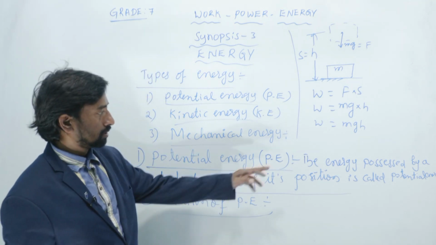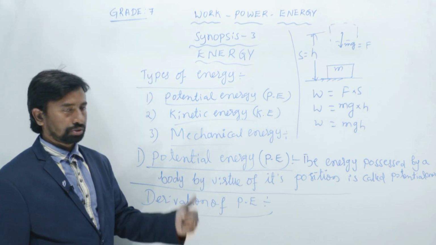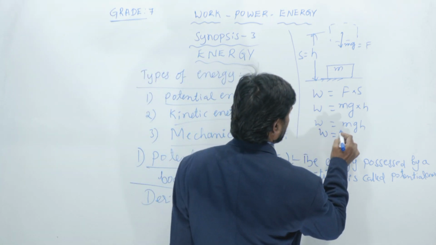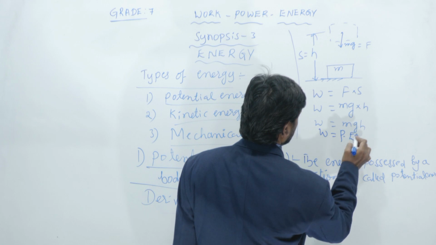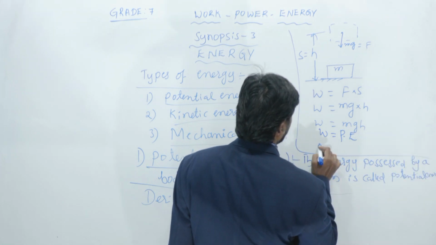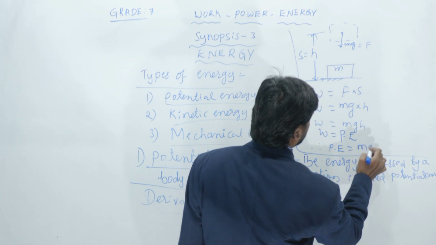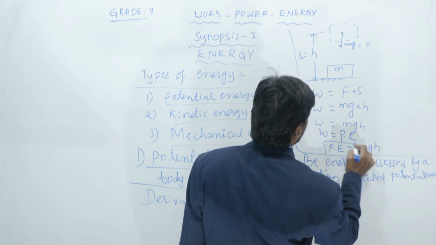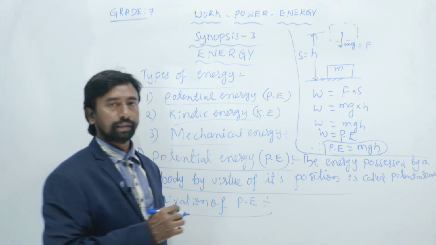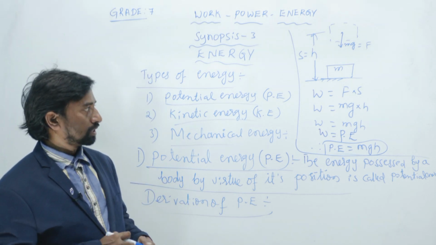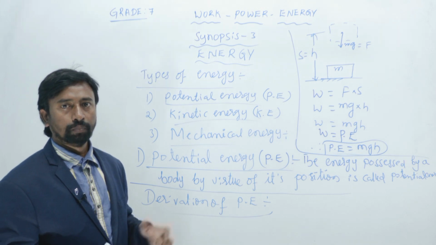The energy possessed by a body by virtue of its position is called the potential energy. So this work done W is stored as potential energy in the body. We write the expression, the formula of the potential energy, as mgh.